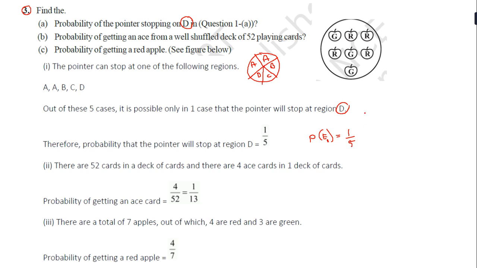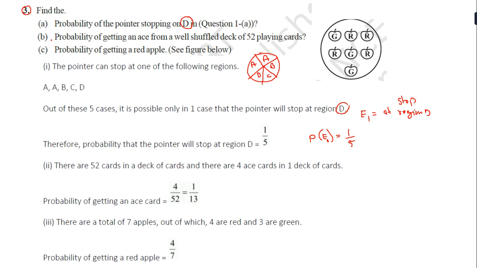E1 is the case that the pointer will stop at the region D, that is 1 by 5.